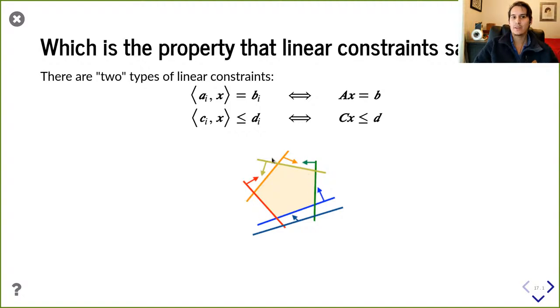But the more important thing about having a convex problem, by the way, means that you have a convex set of restrictions, and also you have a convex optimization function.